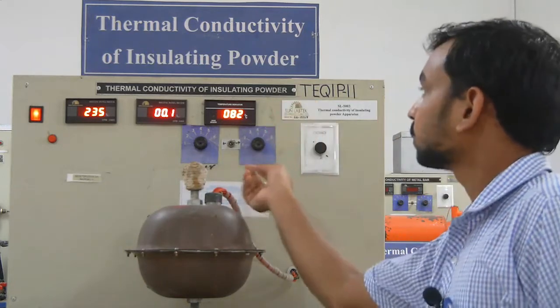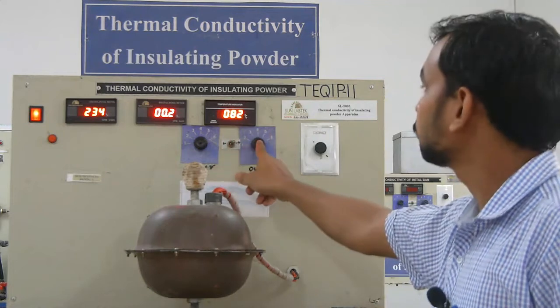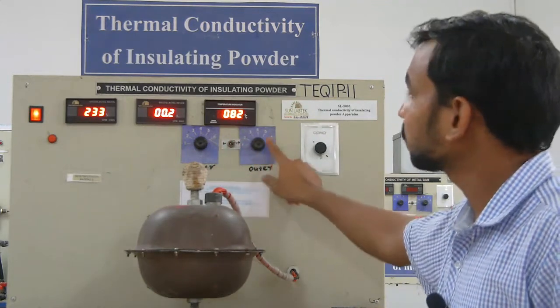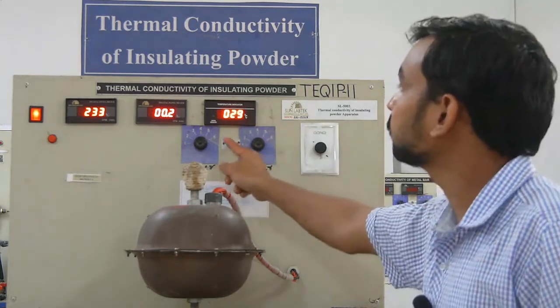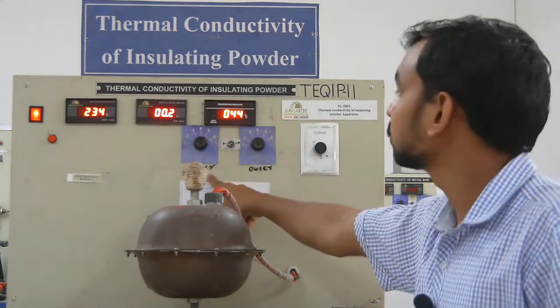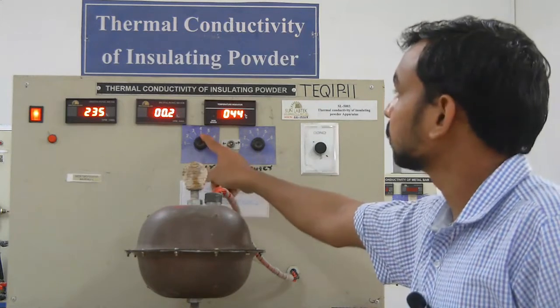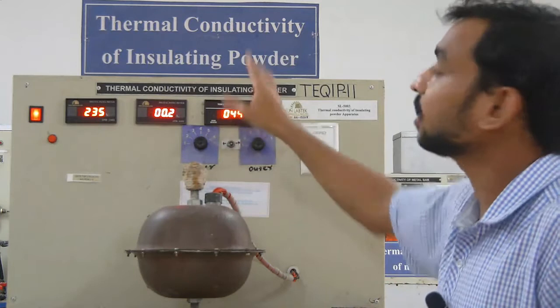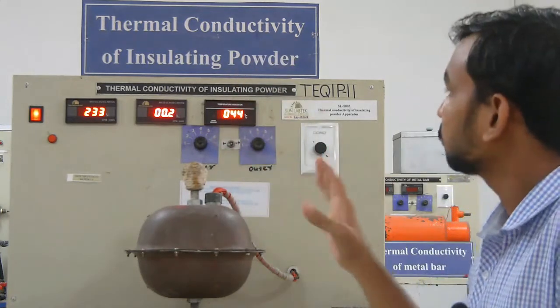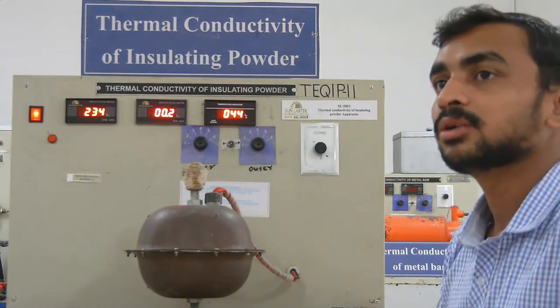If this key moves towards this one, all the temperature readings will be shown for the inner sphere, and if this key moves towards the other, all the temperature readings will be displayed for the outer sphere. This is how we will note down our readings.